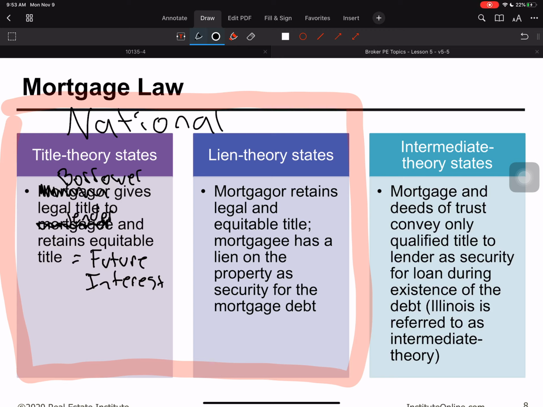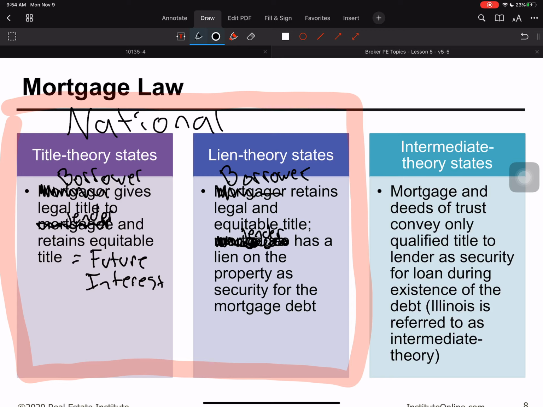In a lien theory state, the mortgagor, or borrower, retains both legal and equitable title, and the lender has a lien on the property as security for the mortgage debt.